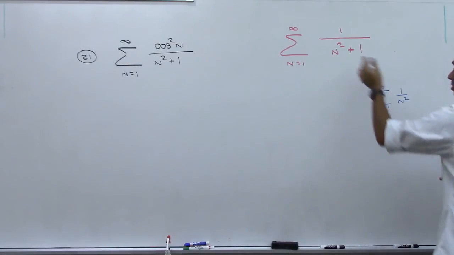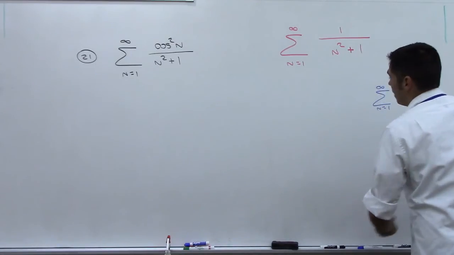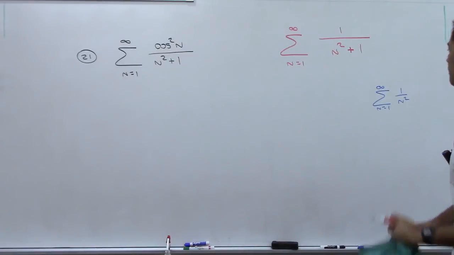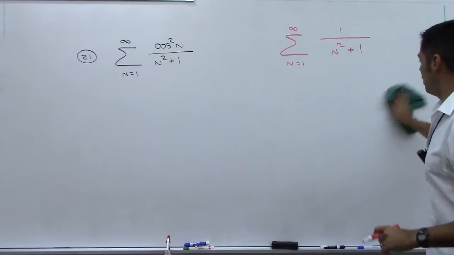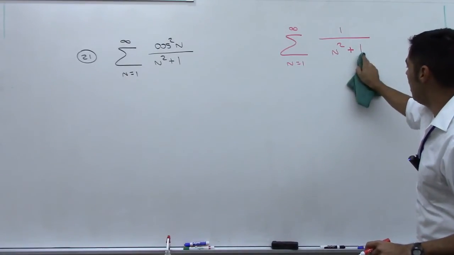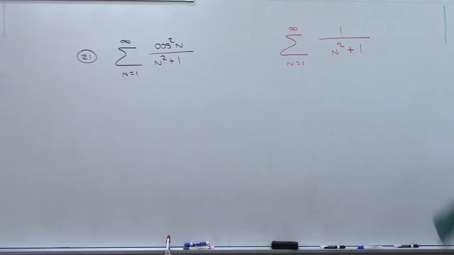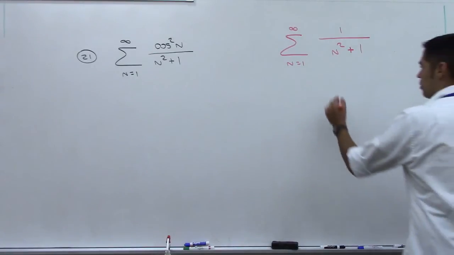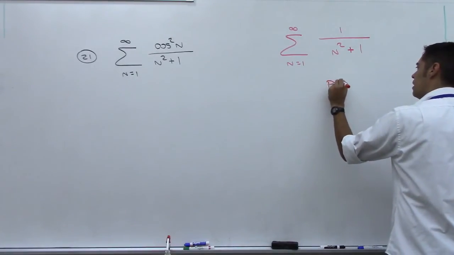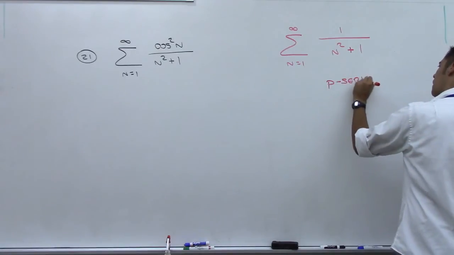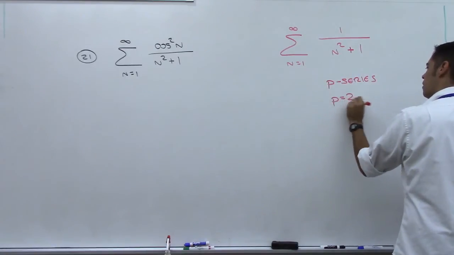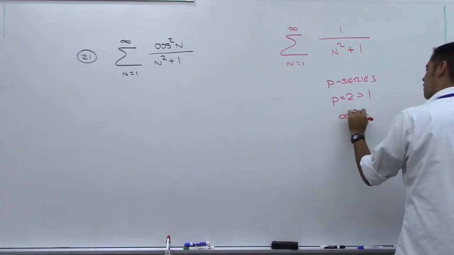You could also do an integral test on that to show that that converged. But because we're adding just a constant onto this down here, it doesn't have an n here, we'll be happy to just say, hey, look, that's basically a p series. It's a p series with p being 2. So p series, p is 2, greater than 1, converges.